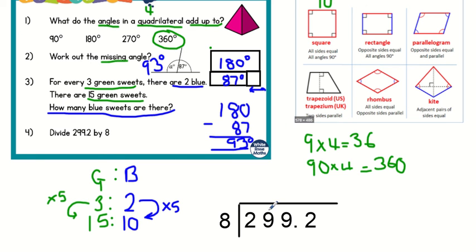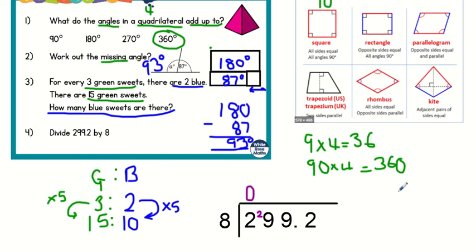So I've set up my bus stop method here. Hopefully you've done the same method at home. So I'm going to start by thinking, how many times does 8 go into 2, or what is 2 divided by 8? I can't do that, so it's going to be a 0. And then I'm going to exchange my 2 and bring it across, so I'm thinking about 29 now.